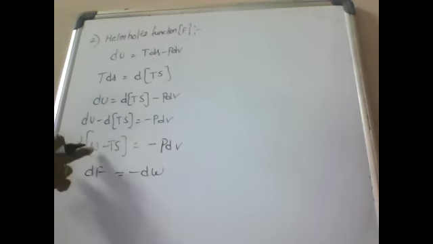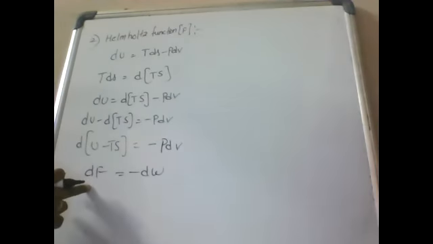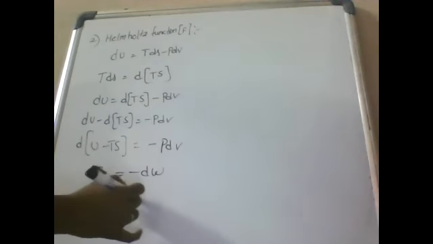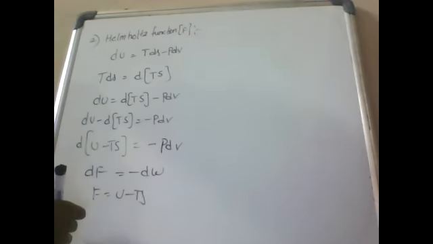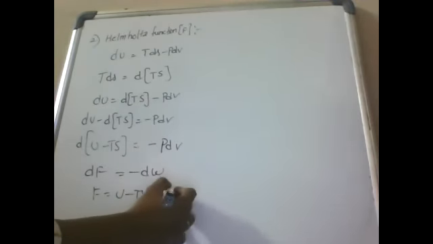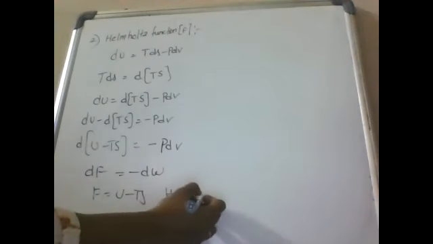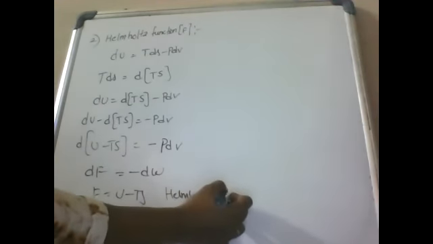What is F? F equals U minus TS. This is known as the Helmholtz free energy or work function. This is called the Helmholtz function.